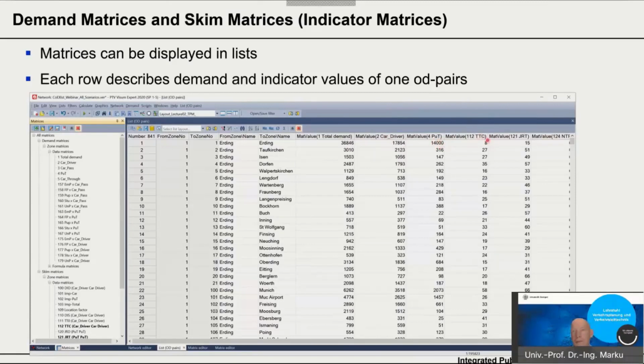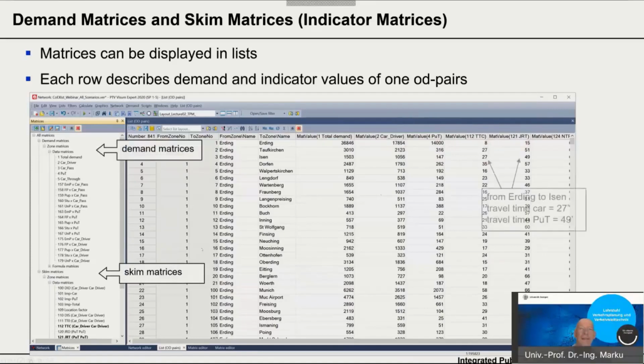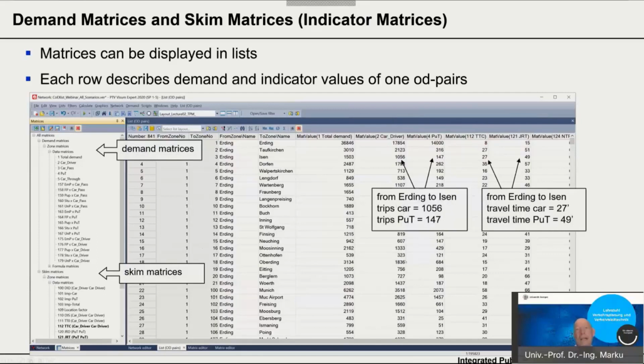We have travel time, car, travel time, public transport, and so on. So skim matrices, demand matrices, and for one specific OD pair, you have here the travel demand and the number of trips. So this is how we store the data of demand.